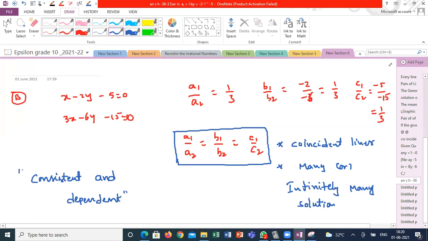So if two lines are consistent and dependent, both represent the same line. If two lines are consistent and independent, both lines will intersect each other. If two lines are inconsistent, both are parallel, no solution.